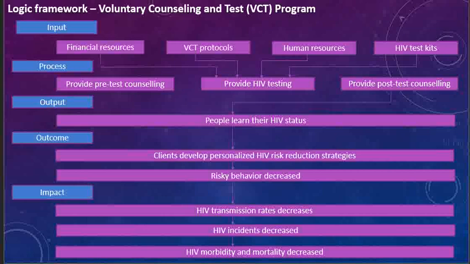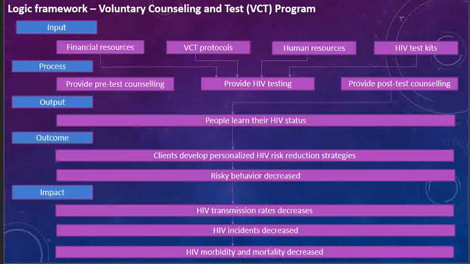Now, what will happen if in the short term, people learn about their HIV status? The next thing would be the outcome. What long-term or intermediate-term result would you expect? Clients develop personalized HIV risk reduction strategies.